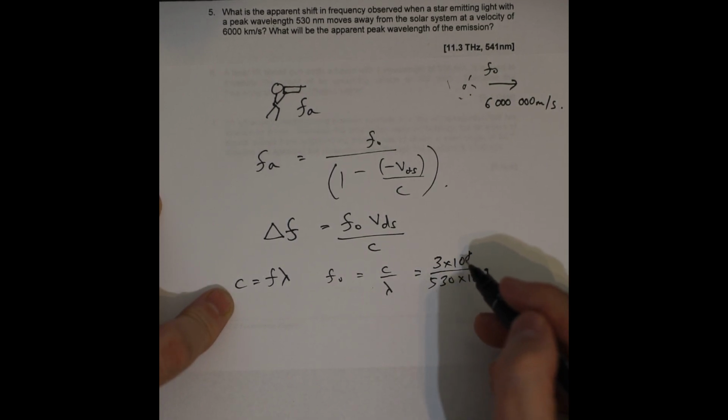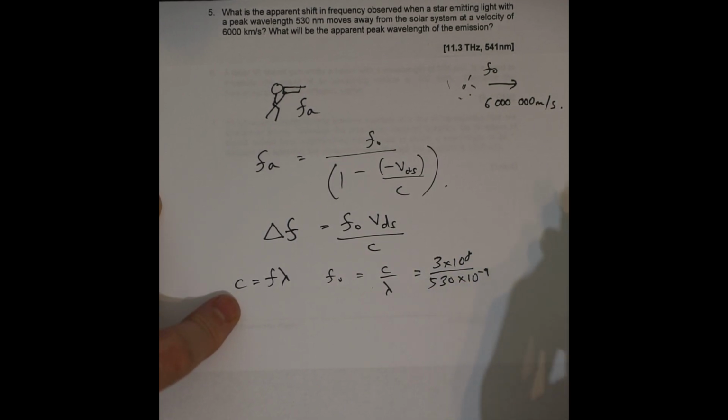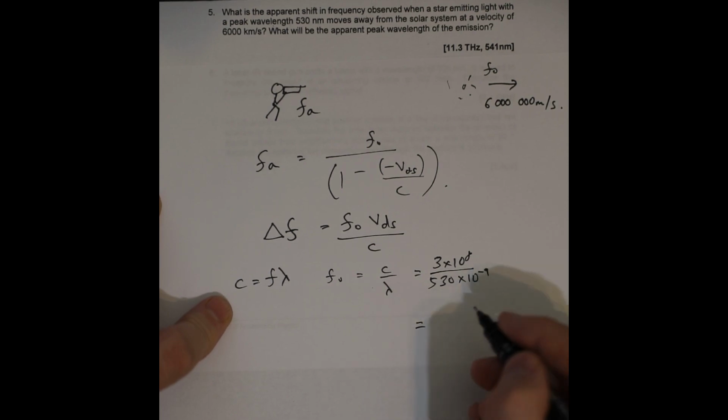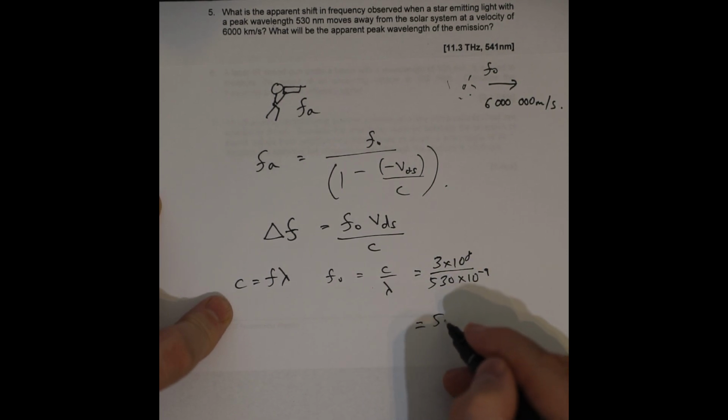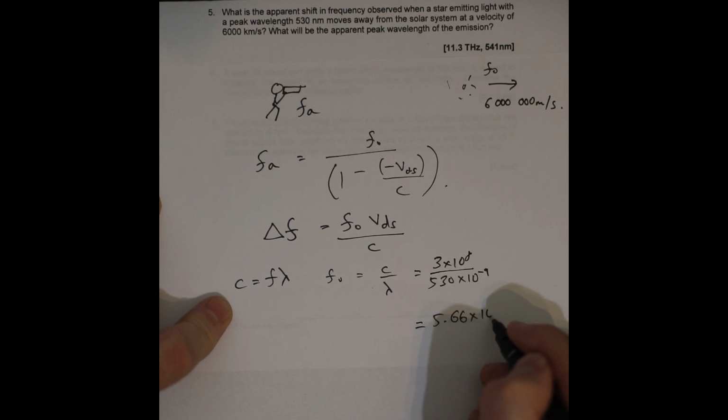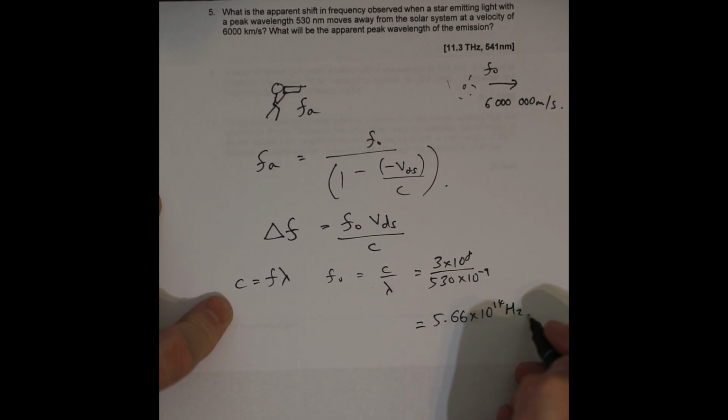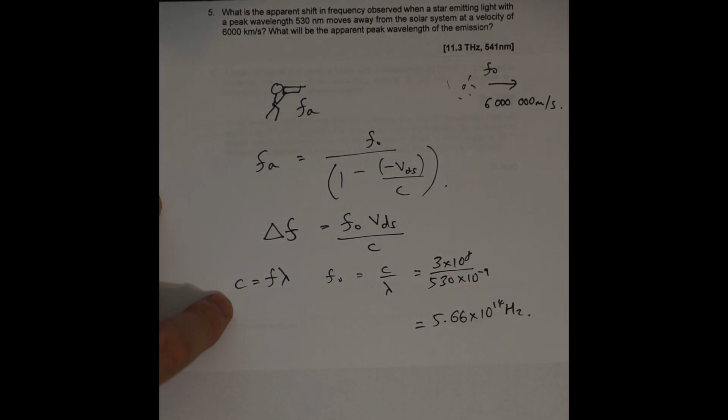We've got a very big number divided by a very, very small number, so that's going to give us an even bigger number. That gives us a value of 5.66 times 10 to the 14 hertz. It's a really big value, as frequencies of electromagnetic waves in the visible spectrum always are.